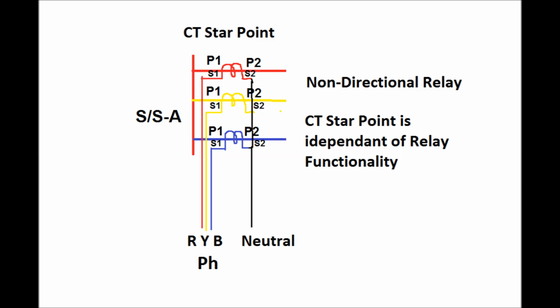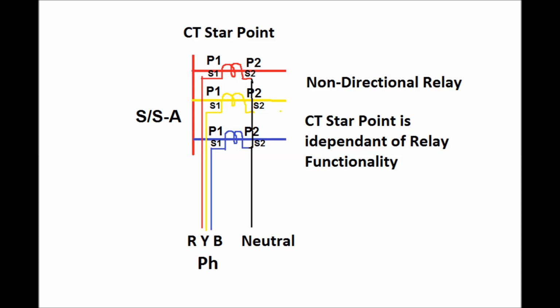So here the CT polarity and star point formation is not a priority, but by general convention it should normally be done so that on the primary side P1 is connected towards the bus side and P2 is connected towards the feeder side, or if it is a transformer, P2 is connected towards the transformer side.